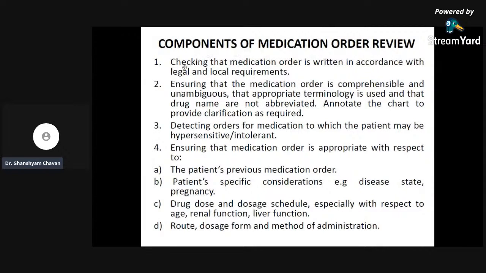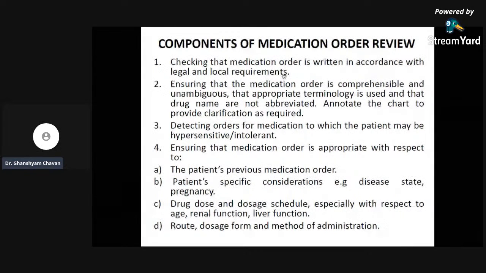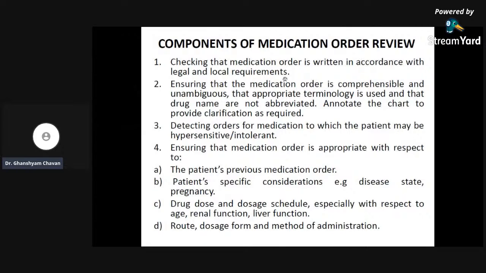Now here, the first point is checking that the medication order is written in accordance with the legal and local requirements. So whatever list of drugs we prepare, it should be a legal one. We should not go for drugs like morphine, heroin or codeine, drugs which have already been banned, or LSD or ketamine, or steroids taken for development of muscles, because they are illegal drugs.